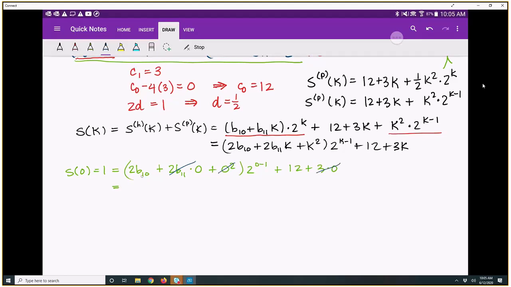So what I have here is 2b10 times 1/2, because it's 2 to the power negative 1. So this is just b10 plus 12, and that's equal to 1.